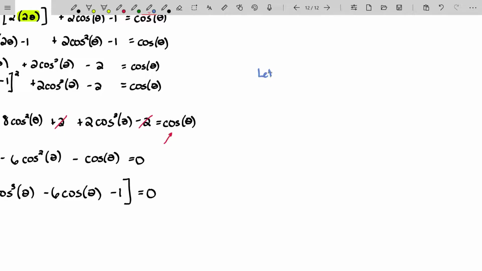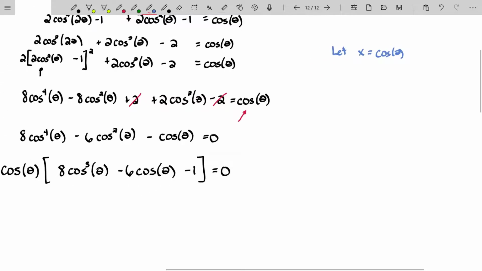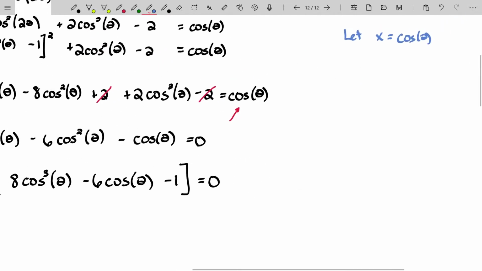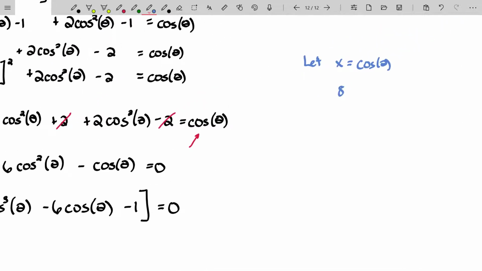If you let x equal the cosine of theta in that factor, which is 8 cosine cubed of theta minus 6 cosine of theta minus 1, you would get 8x cubed minus 6x minus 1. And I'd love to see if that factors.